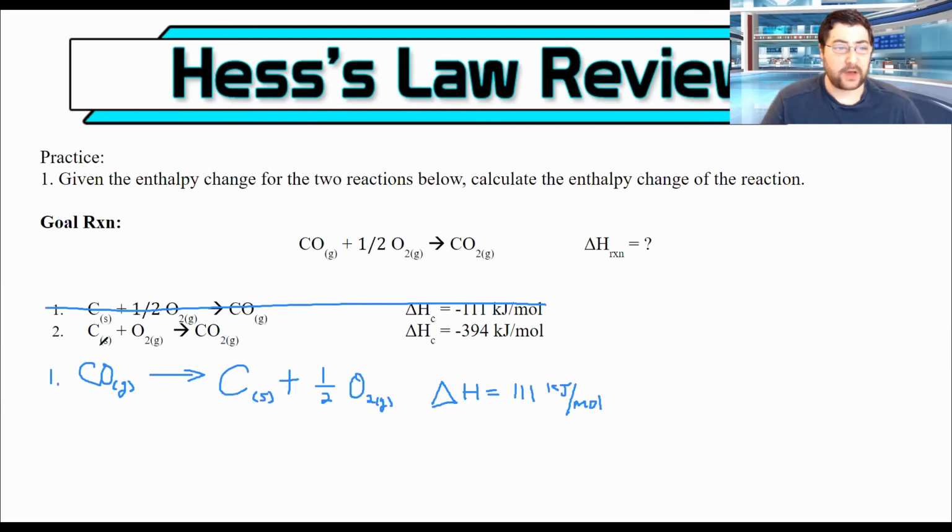So we've got 1 mole of carbon on the reactant side of reaction number 2, and we have 1 mole of carbon on the product side of reaction number 1. And that makes sense because there's no carbon in the overall reaction. Okay, now let's see here. We have 1 mole of oxygen on the reactant side of reaction number 2, and we have 1/2 mole of oxygen on the product side of reaction number 1.